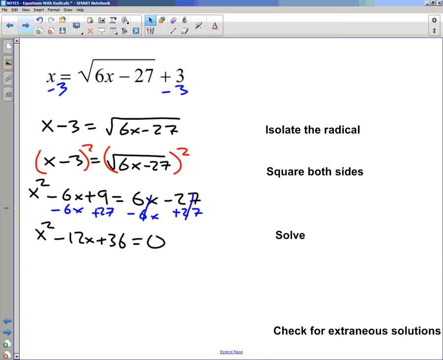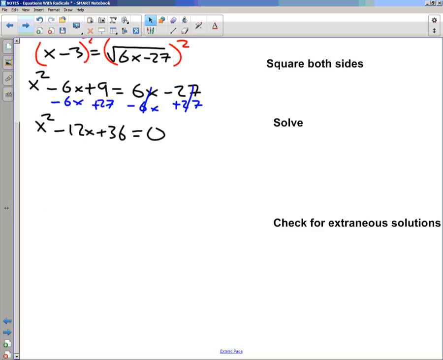All right, let's try to factor this. See if it will hopefully factor for us. I think we can get x minus 3. Nope. 36, 18, and 2, no. How about, let's see, I'm having a hard time with this one.